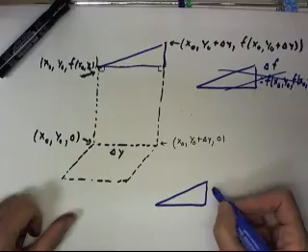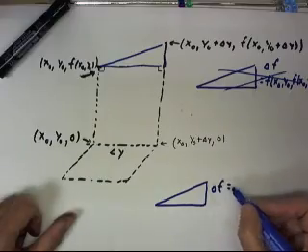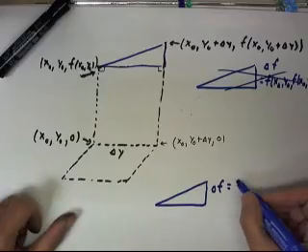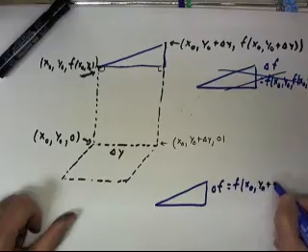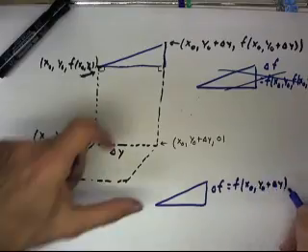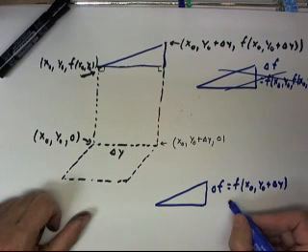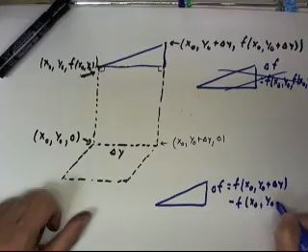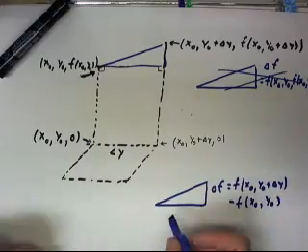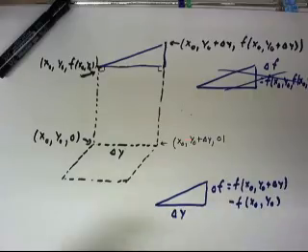So we're going to have a delta f here, which is going to equal f of x0, y0 plus delta y, this height, minus this height, which is f of x0, y0. And that delta f arises because of the delta y here.